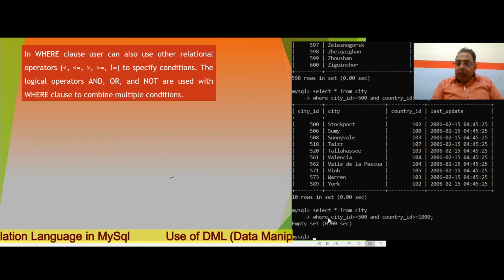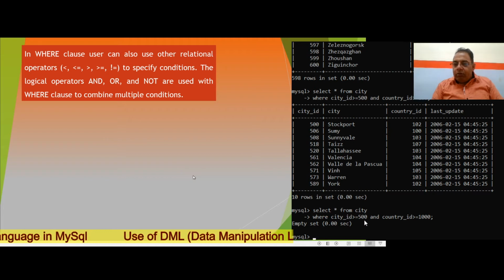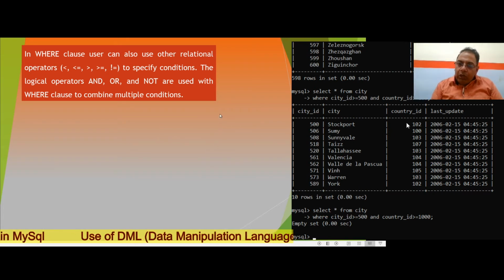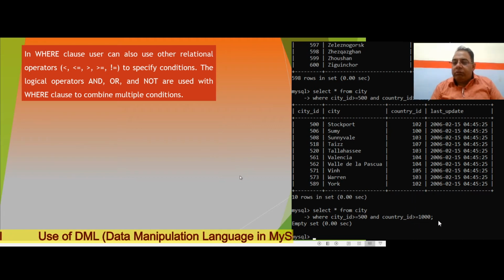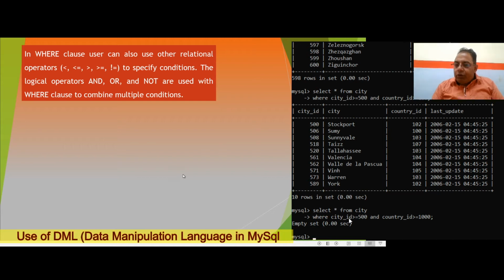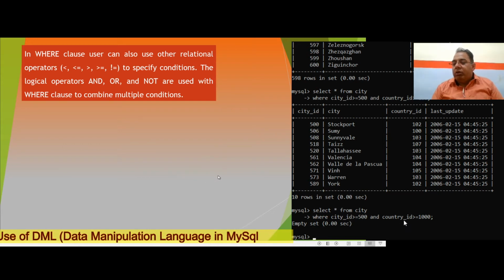This condition is true where id is greater than or equal to 500, yes, but no record is there with id greater than or equal to 1000. This condition becomes true but this becomes false so it didn't return any value.